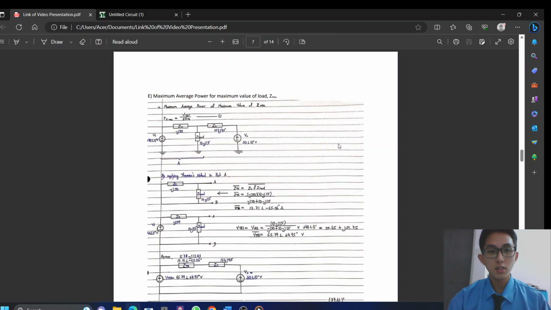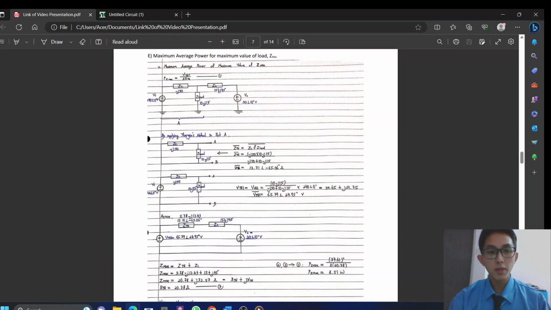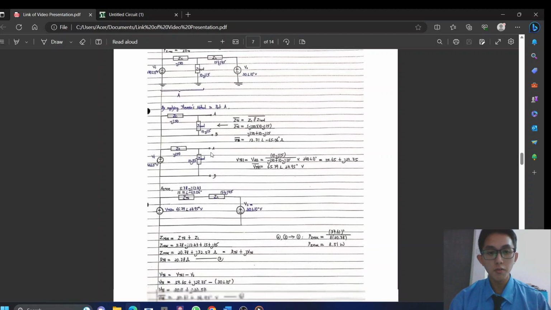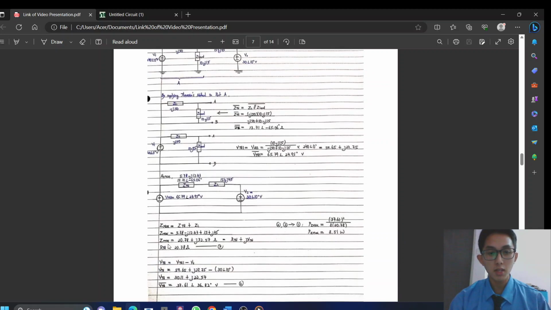Next, for part E, we calculate the maximum average power for the maximum value of load Z max. We apply the Thevenin method here, and then we calculate Z max first, and VTH.